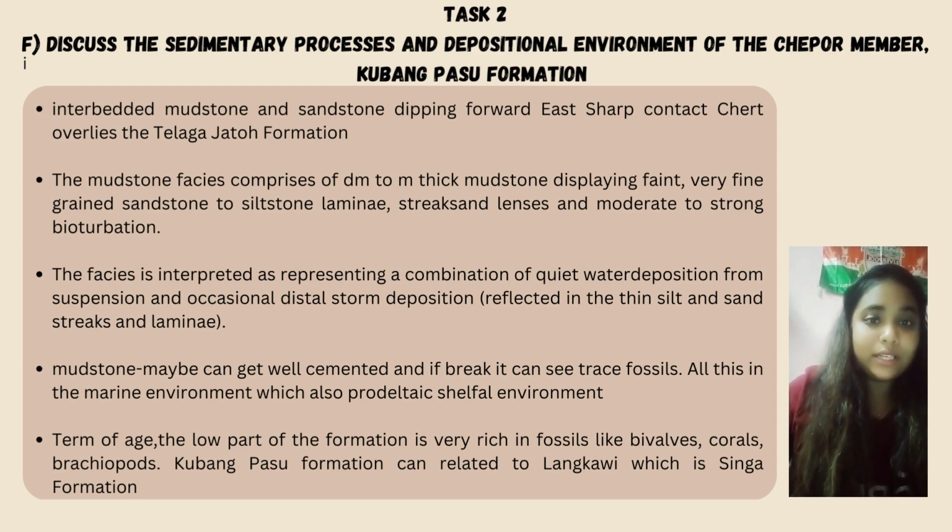All this is in the marine environment, which is also a proximal shelf environment. In terms of age, the lower part of the formation is very rich in fossils like bivalves, corals, and also brachiopods. Kubang Pasu Formation can also be related to Langkawi Formation, which is Singa Formation. Okay, that's all for question F.